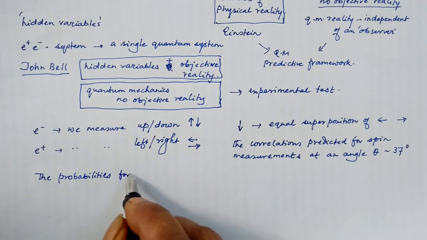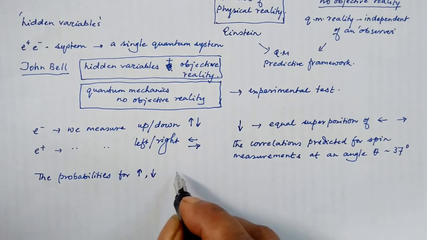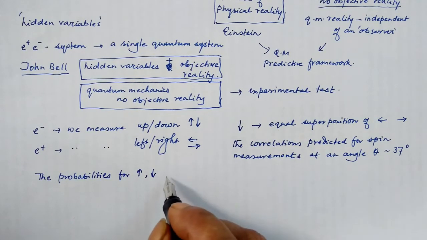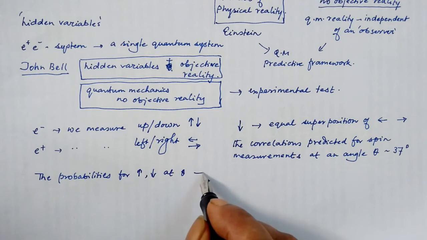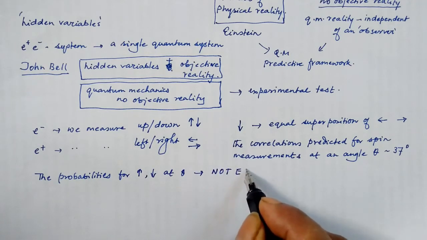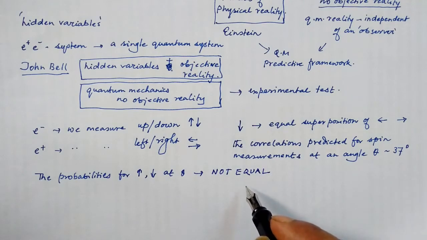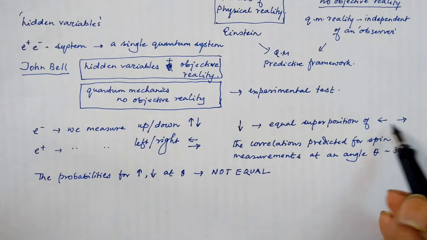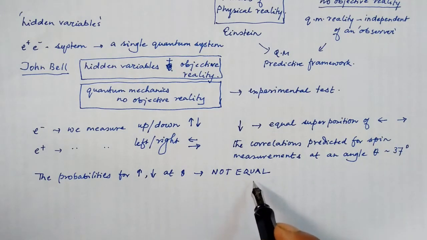Here they were equal, 50% probability. Here they are not equal.